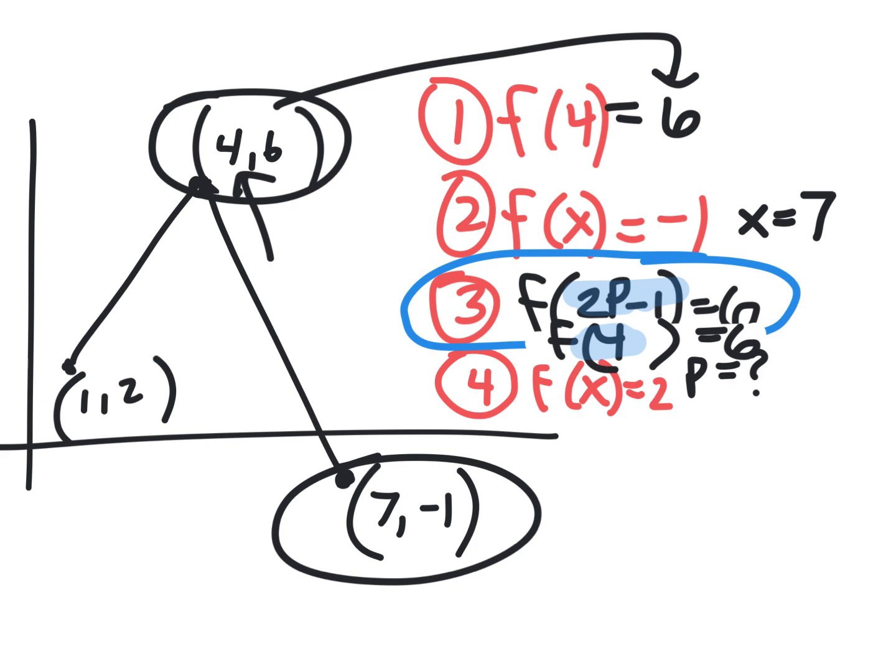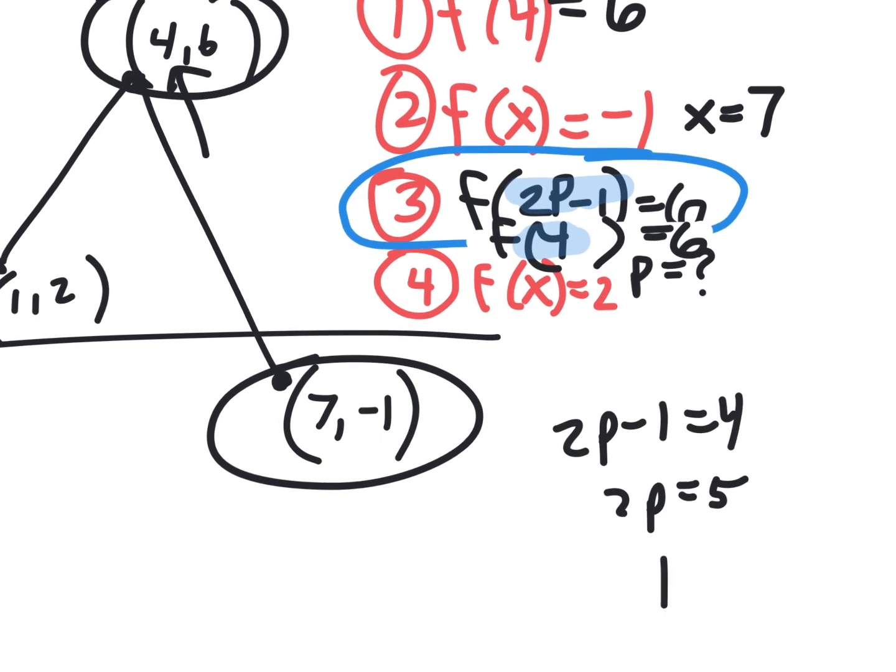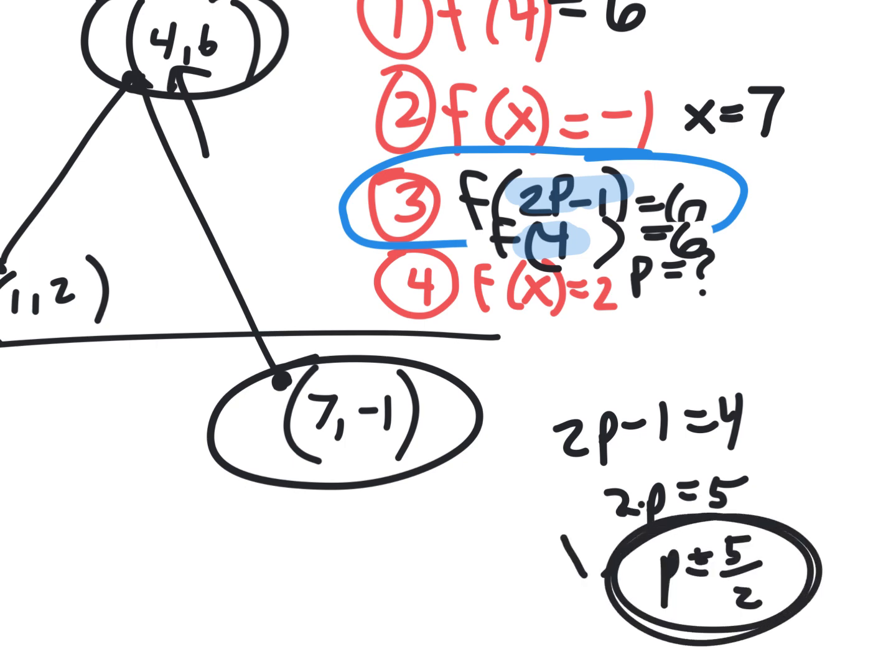And then it's a little bit of a nasty one because it's got a fraction. 2p minus 1 needs to equal 4. 2p equals 5. So p equals 5 over 2. Who had 5 halves? That's a lot of you. You were right. Get how that happened? P is equal to 5 over 2.